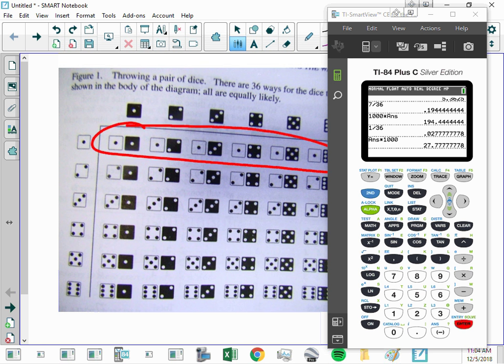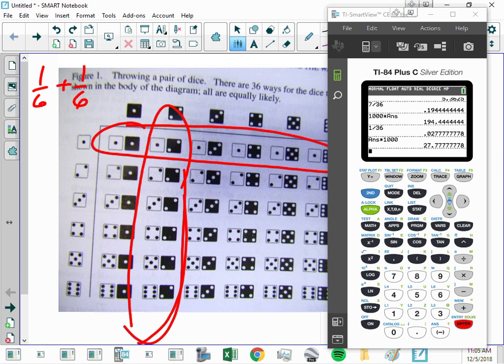How many ways are there to roll a 2 on the second dice? 6. So is the answer 1/6 plus 1/6? No, because they share one of the answers. Right? They share this.